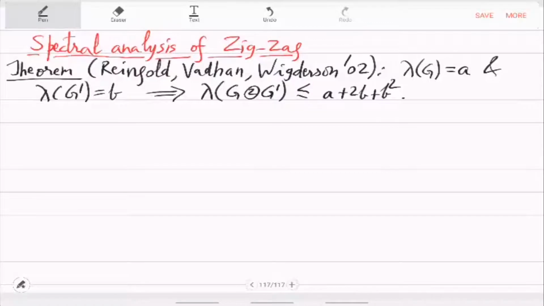So if you started with small A and small B, then this spectral norm remains small, and the advantage of the zigzag product is that the degree also has fallen. The earlier products were increasing the size of the graph. This product decreases the degree. Moreover, it keeps the spectral gap intact. So that's the import of this theorem. Let us prove it.